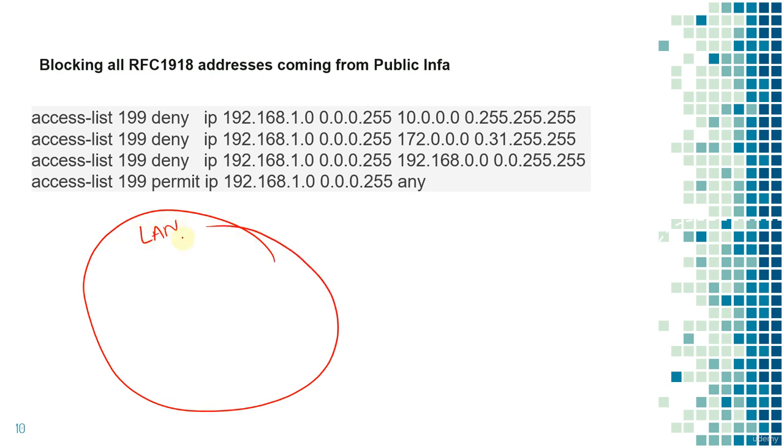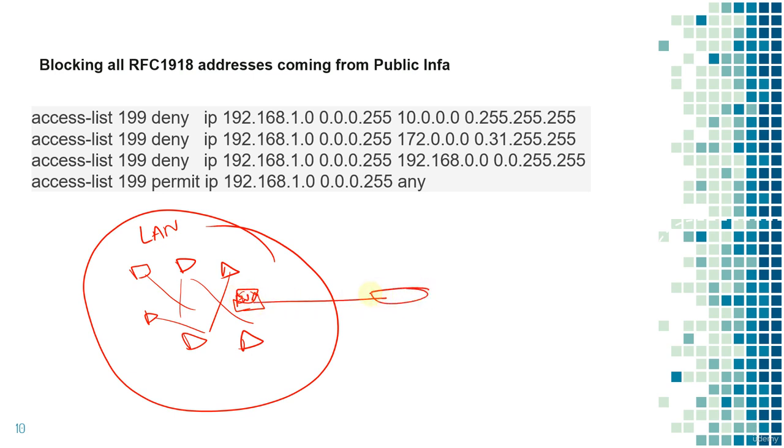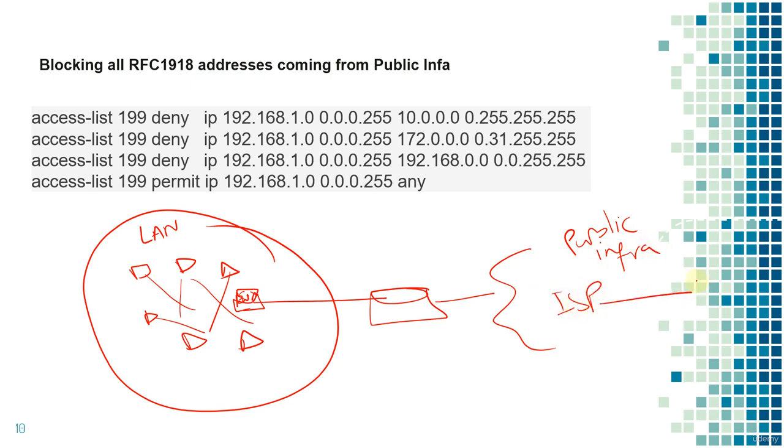Let's suppose this is some department where we have multiple computers inside, and they are all connected with each other somehow with some switch. Then we have this router, which is connected with the public infrastructure, which could be an ISP. Then this ISP is connected with another ISP, and so on and on.